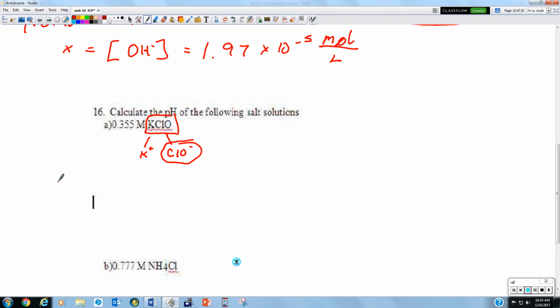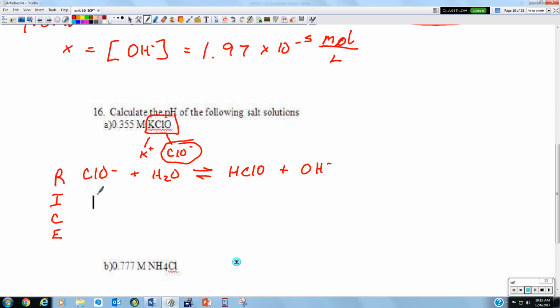So when we set up our RICE, we're going to end up with ClO minus plus H2O reacting to form HClO plus OH minus.